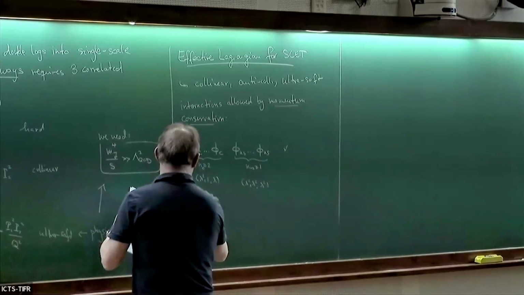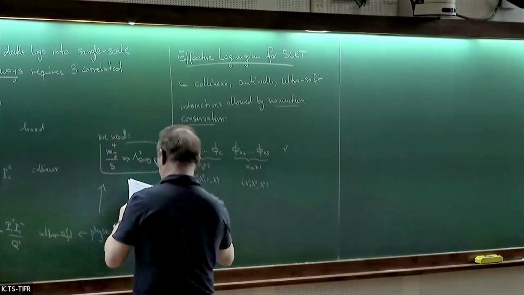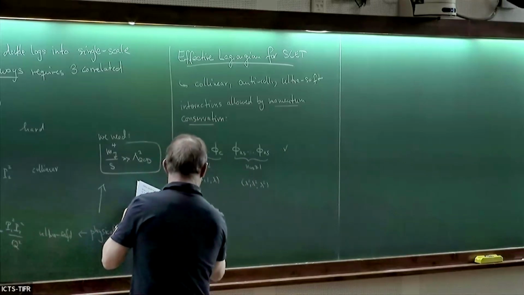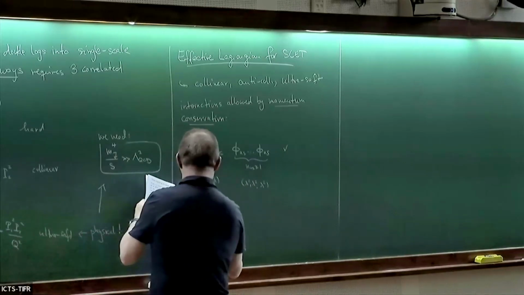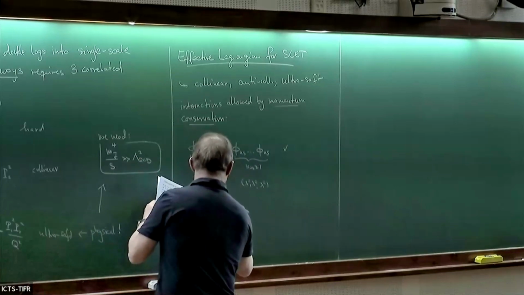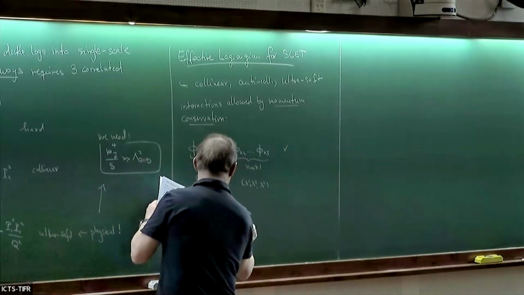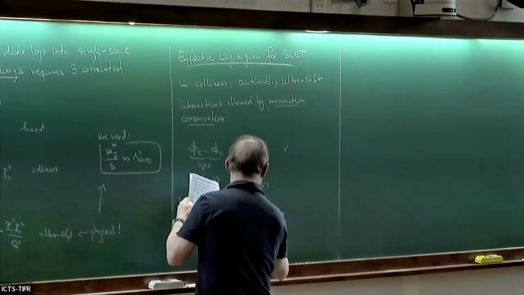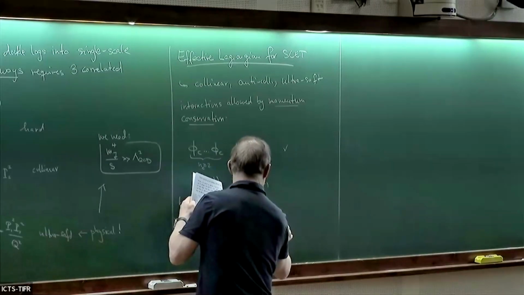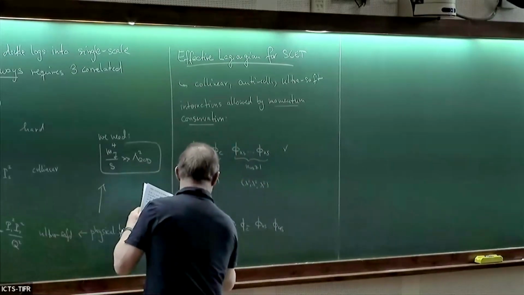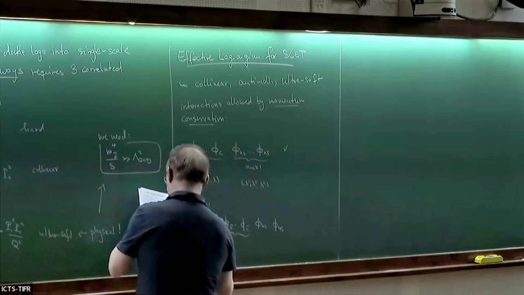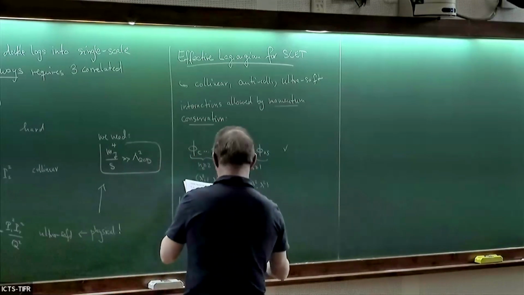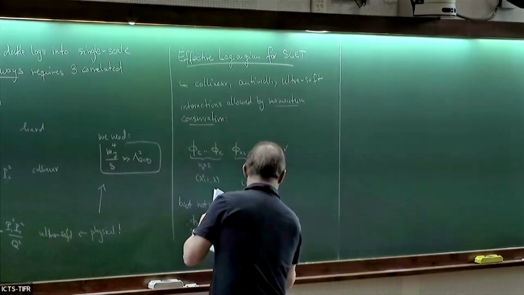What I cannot have, and I'm just repeating what we said before, I cannot have a bunch of collinear fields and a bunch of anti-collinear fields and a bunch of ultra-soft fields. Bigger than 1, bigger than 1, bigger than 0.